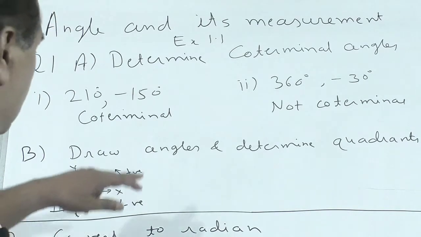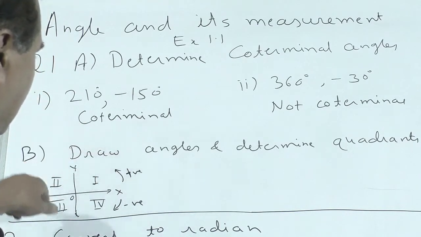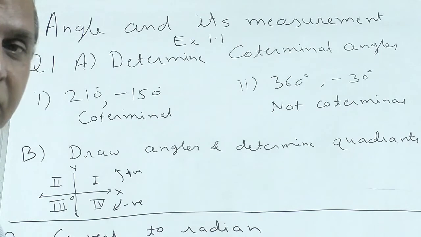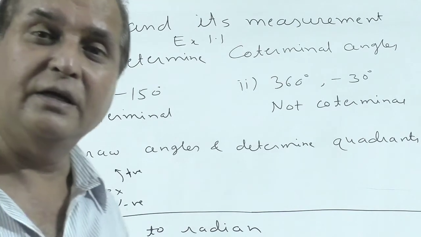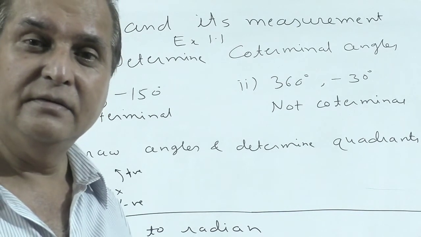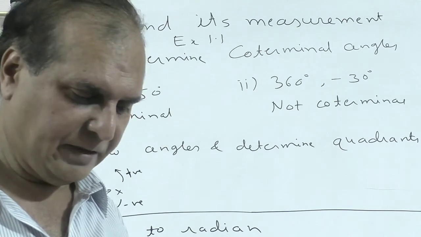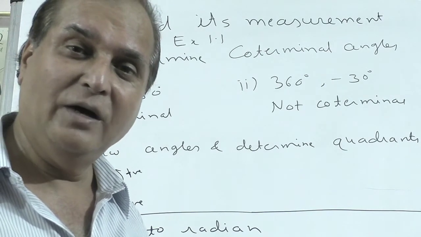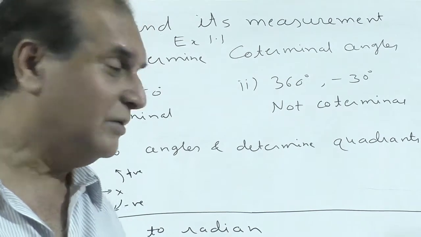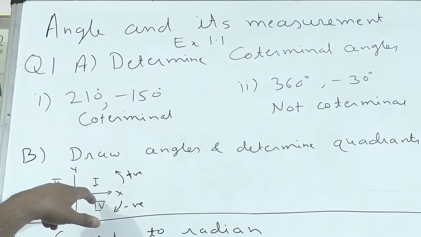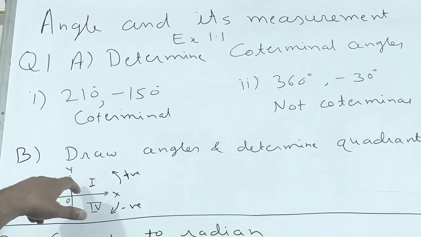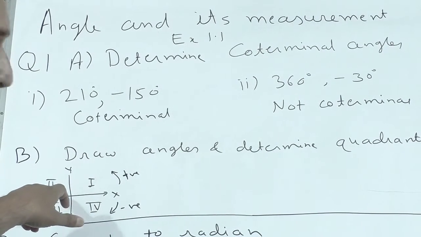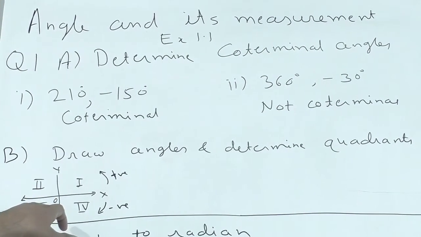750: 360, 720 and again 30 degrees. That will be your 750 degree angle. Understanding? So in the first quadrant only. 945, go ahead. 720, again 810, 900, and so it is the third quadrant.